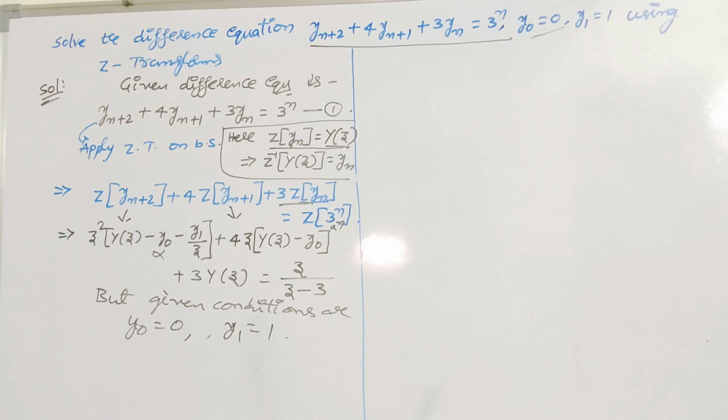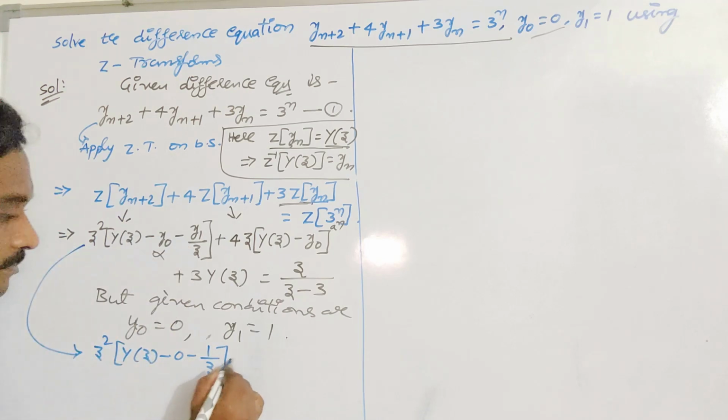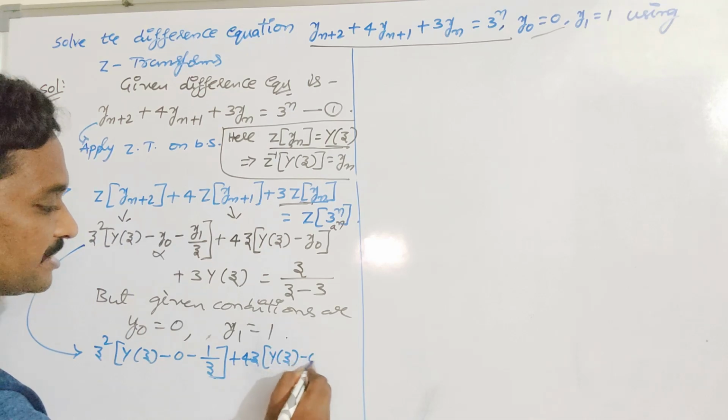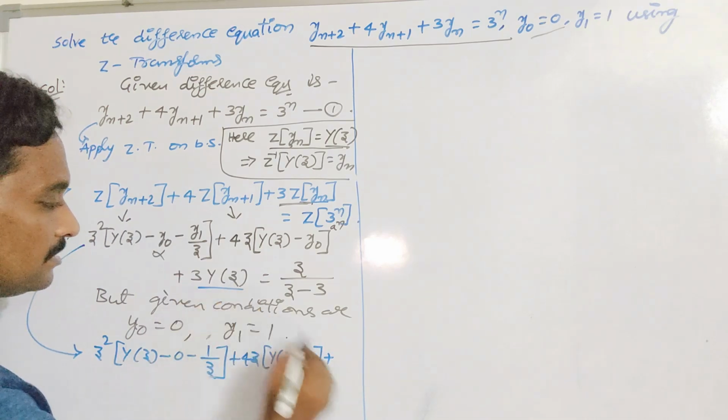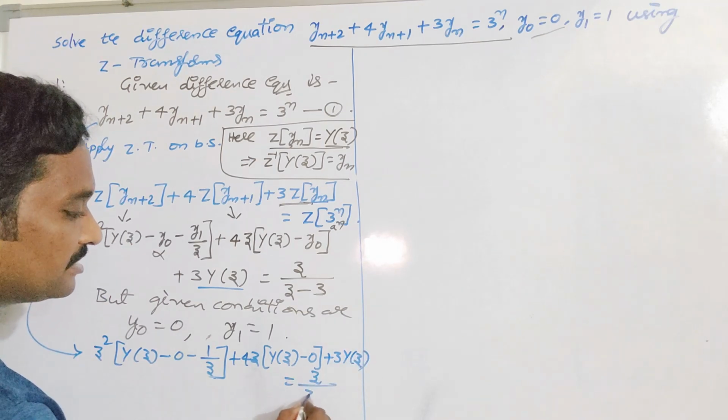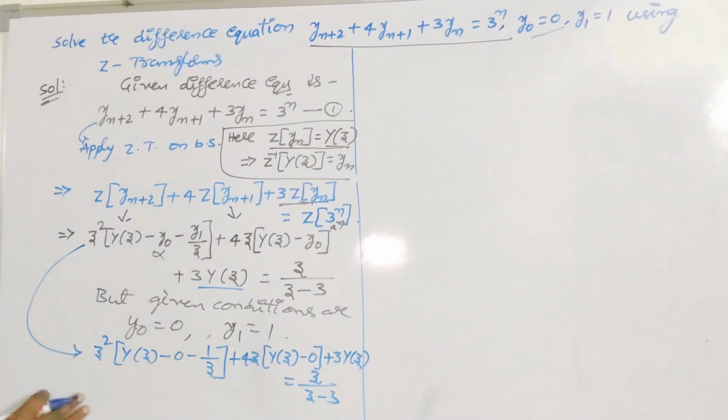So the above equation becomes z square into y of z minus 0 minus 1 by z, plus 4z into y of z minus 0, plus 3 into y of z, equal to z by z minus 3. In our examination, please try to write this entire step in a single row.